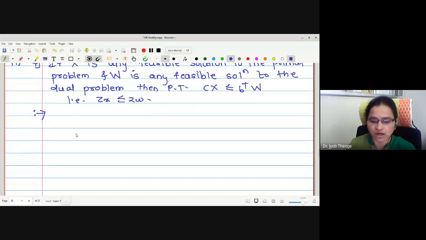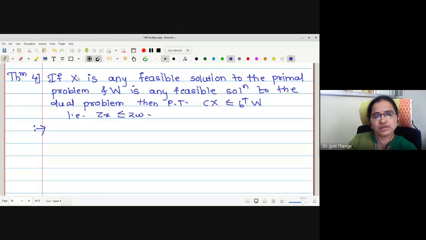Now here we will start with the two solutions. X is a vector giving the number of variables in the primal, and generally we write n variables. W is a feasible solution to the dual. How many variables were we writing in the dual? m variables. So let me write.